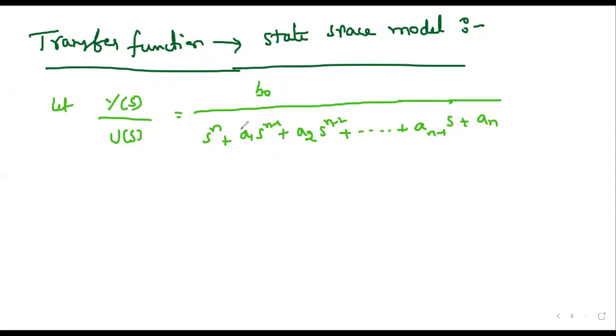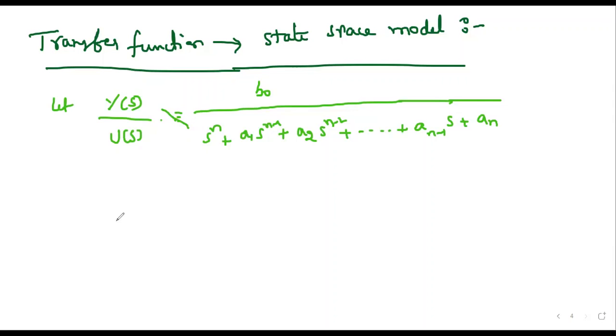model. In the previous example we have seen, if we have the differential equation, then how to do it, we learned it. From the transfer function we can get the differential equation by taking inverse Laplace transform. So we try in that way. For that we will do cross multiplication.